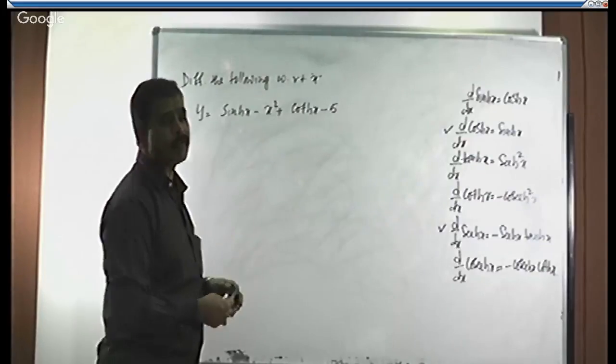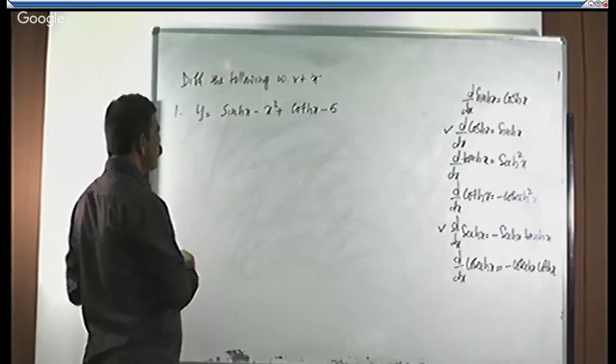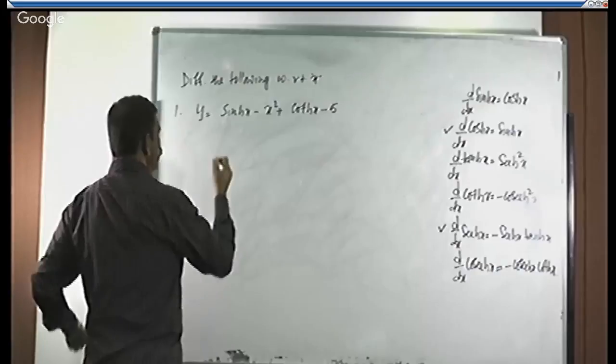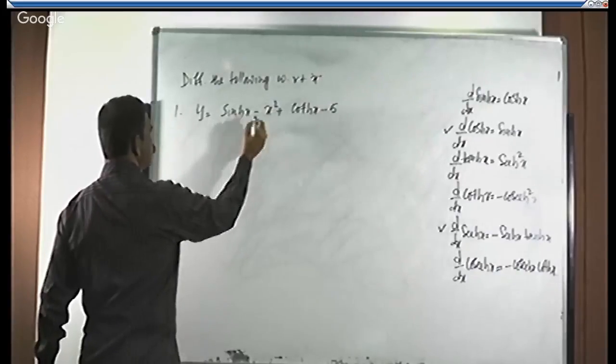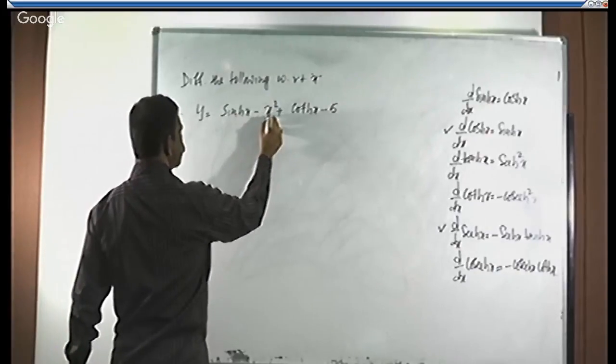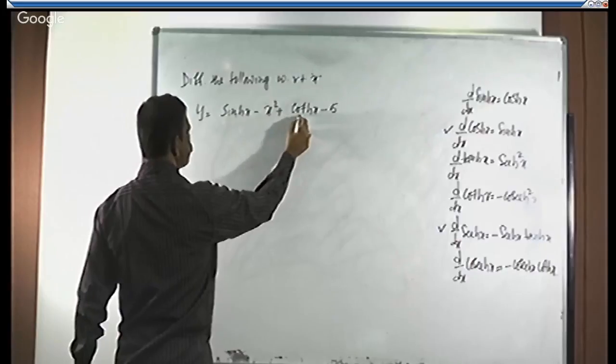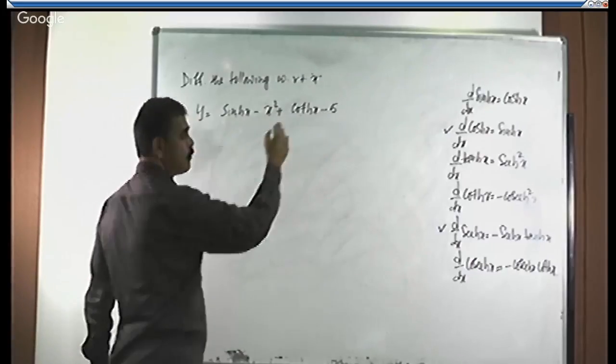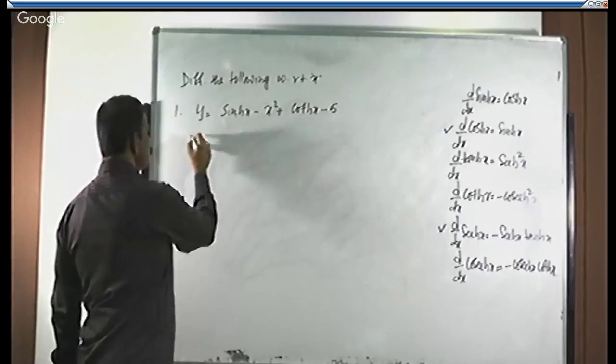What is the sum or difference rule? We have to differentiate individually. Differentiation of sin hx minus differentiation of x square plus differentiation of cot hx, differentiation of constant, right?